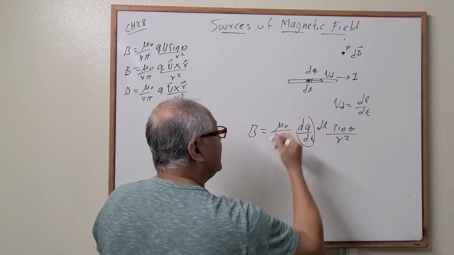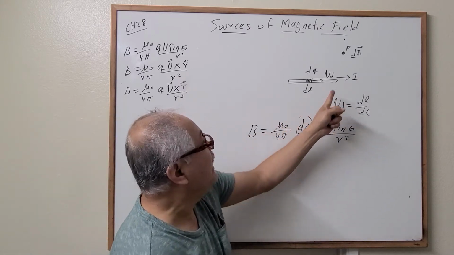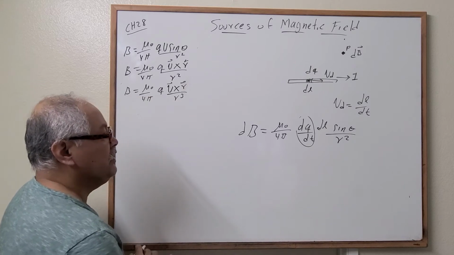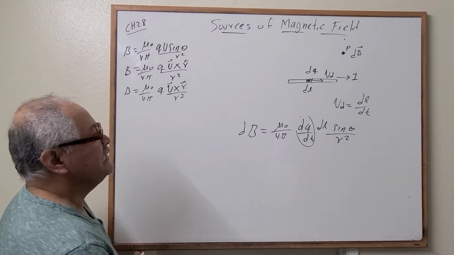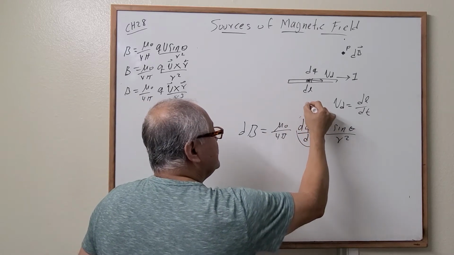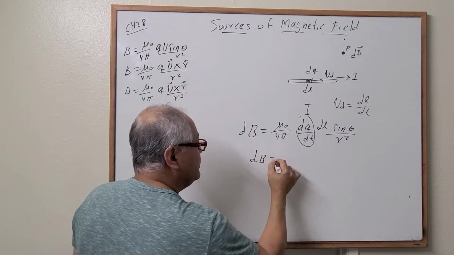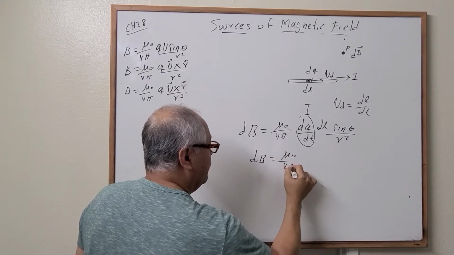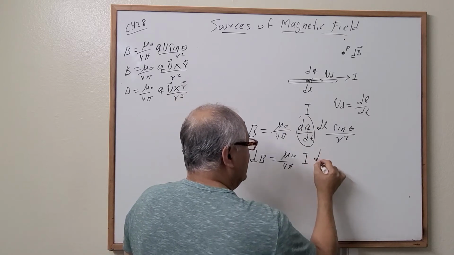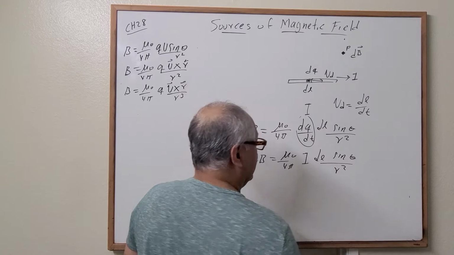This quantity is the current. This is the small change in the magnetic field. Okay, perfect. So this change in B is equal to mu naught over 4 pi times the current, the dL, right, sine theta over r squared.